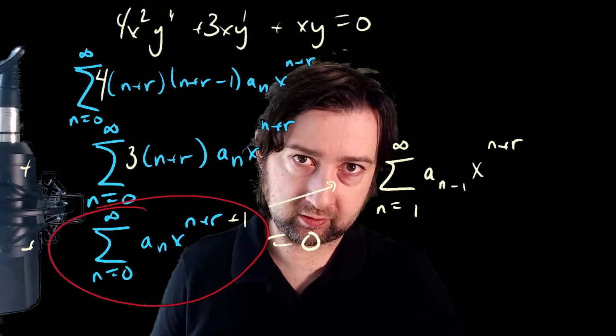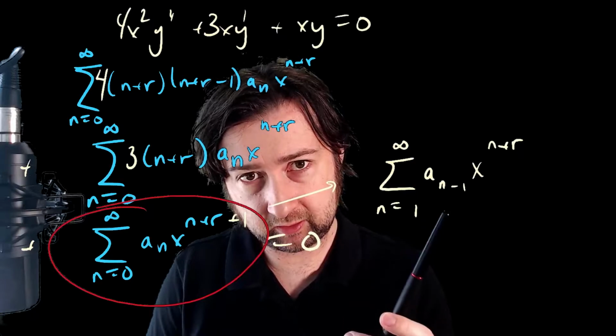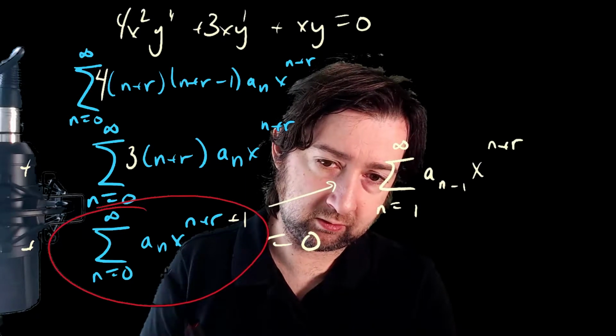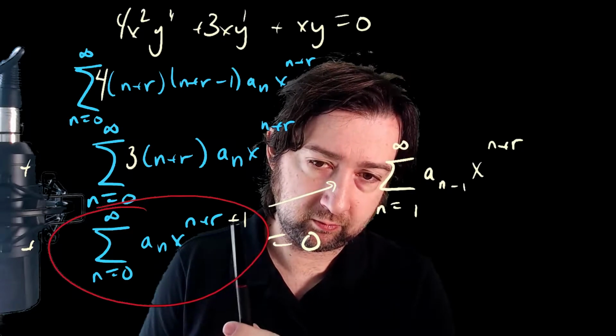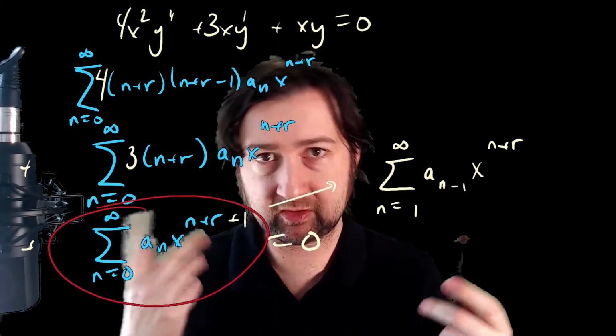That these series are the same. And you know that they're the same because if you put a 1 in here, you get a naught, and if you put a 0 in here, you get a naught. So these two series are different representations of the same sequence of terms.